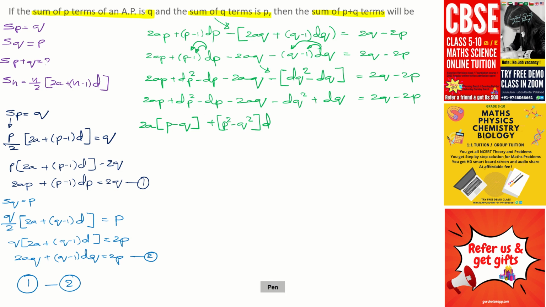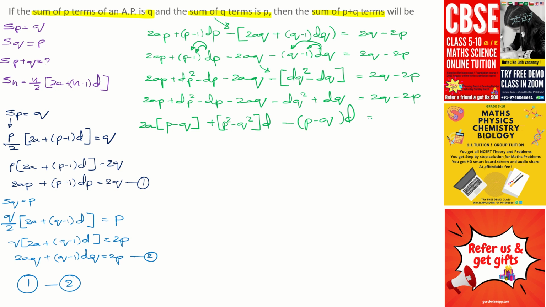Then which can be taken as common further. There is a negative sign here. Then we can take p minus q into d. Okay, this one. So we can write it as p minus q into d.